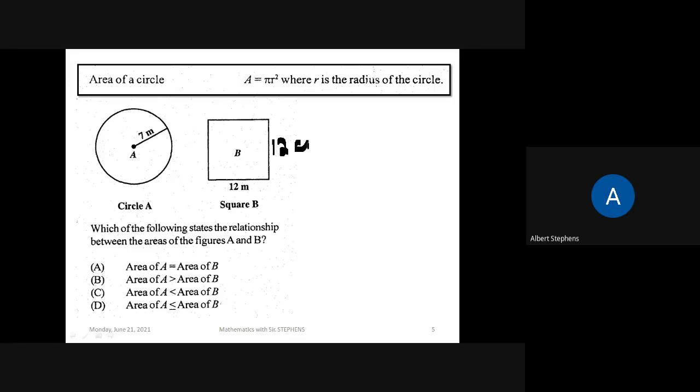Therefore the area of this square is 144 meters square. Now notice the area of a circle. Area of a circle is pi. Now they didn't tell you what the value of pi is, but we're going to use 22 over 7.